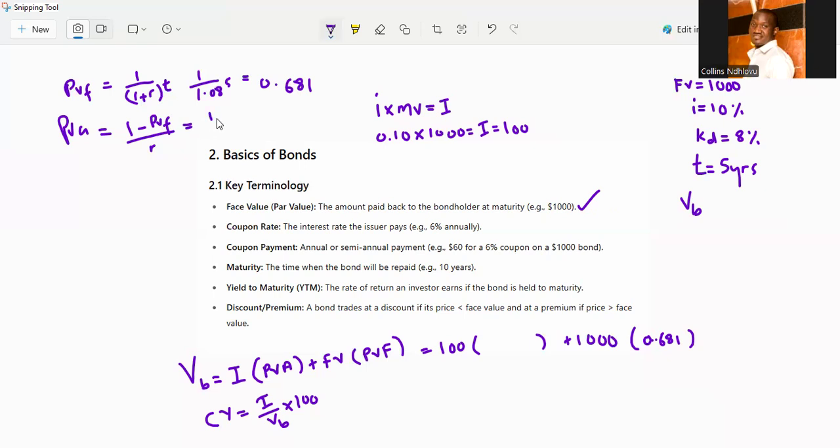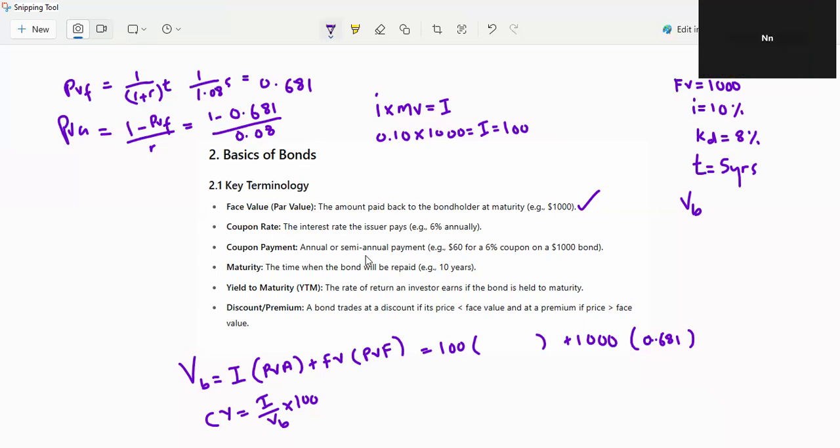So 1 minus 0.681 divided by the 8%, 0.08. What do we get? You press 1 minus 0.681 equals, then divided by 0.08. That is the annuity factor here.